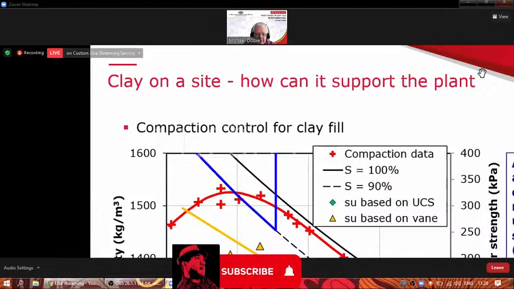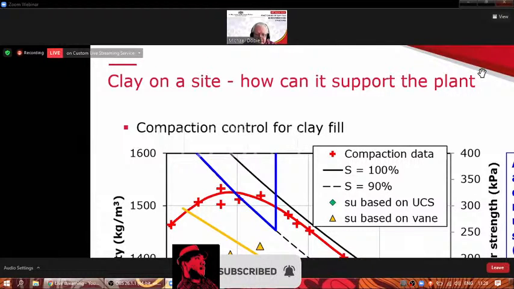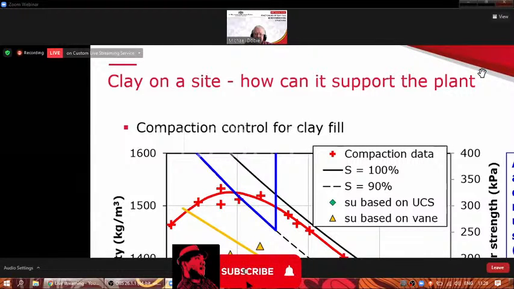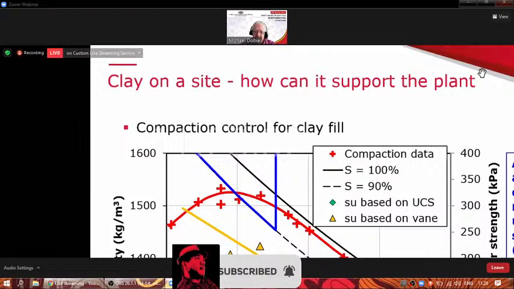So it follows the S equals 90% line. Now, this is found to be a very good way to specify compaction requirements for clay fills. And I'm not sure if anybody listening today has ever tried this rather than the traditional approach, but in many places this is a preferred way of doing it.